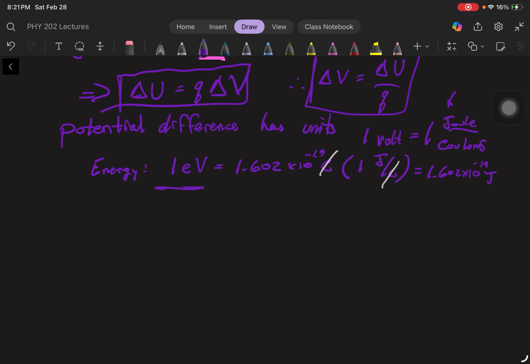So let's keep on cruising and say, what if the path isn't parallel to the electric field, which we're going to make sure we say is still uniform for now.